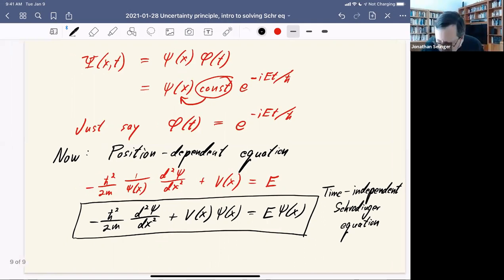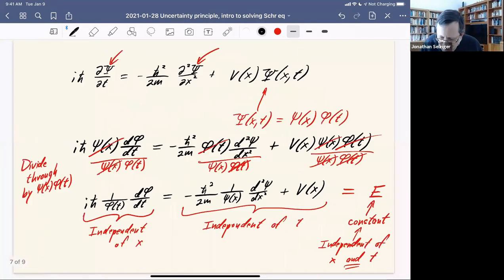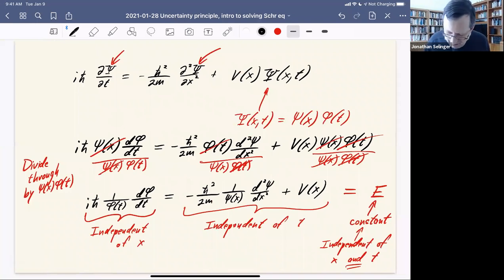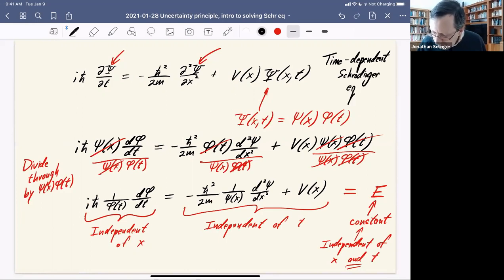And the original Schrodinger equation that we were working on, back here, for example, people might call this the time-dependent Schrodinger equation. So the time-dependent equation is really the fundamental equation that governs quantum mechanics.